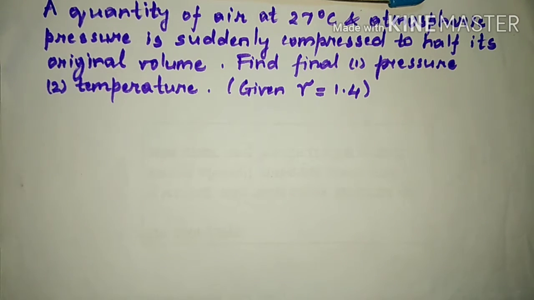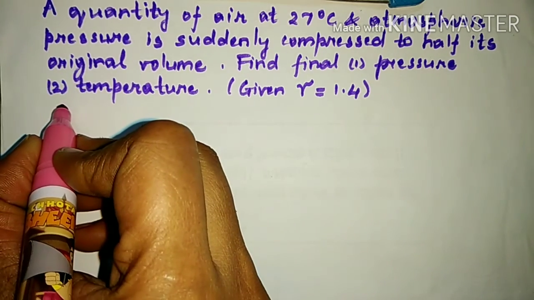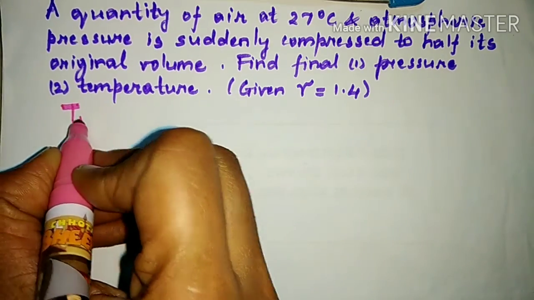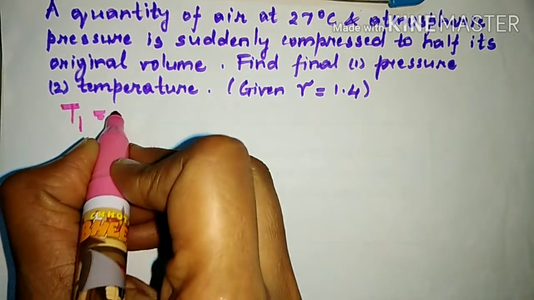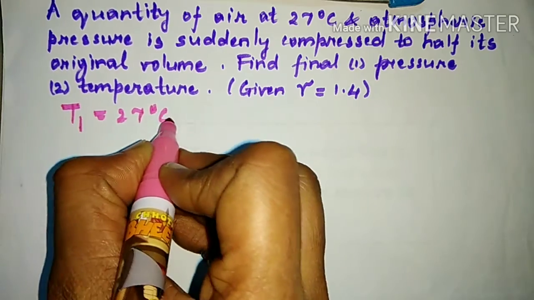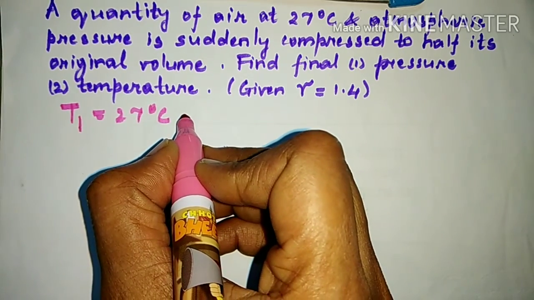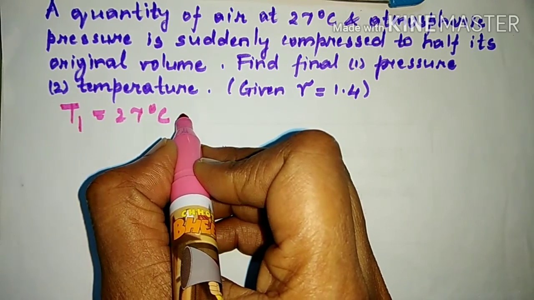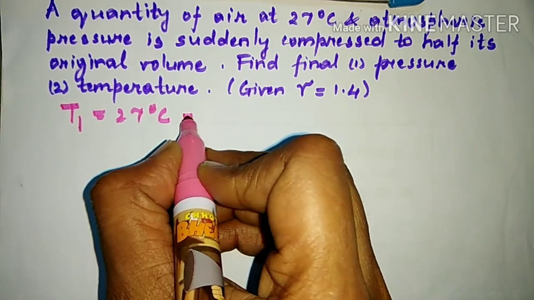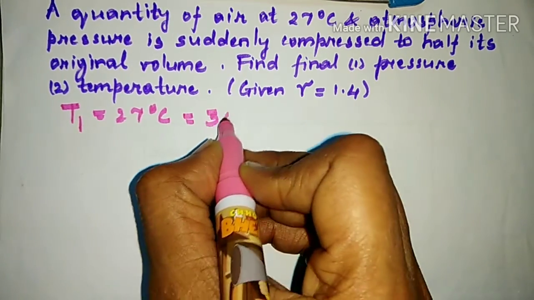What all quantities are given? Initial temperature T1 is equal to 27 degrees Celsius. Convert this into Kelvin, add 273 to 27, you get 300 Kelvin.